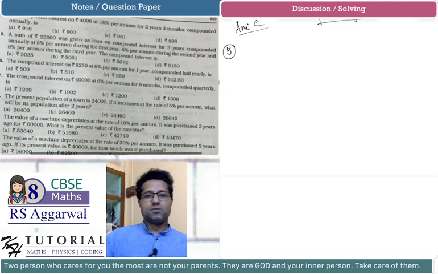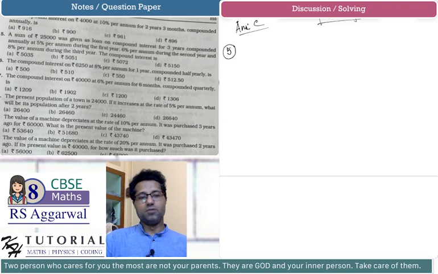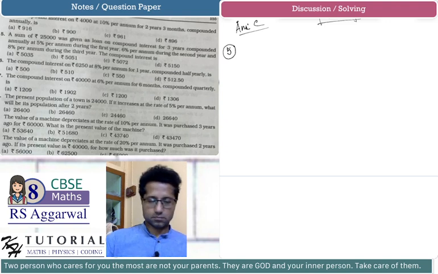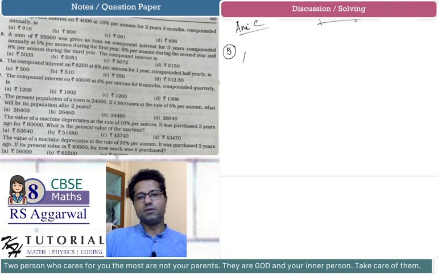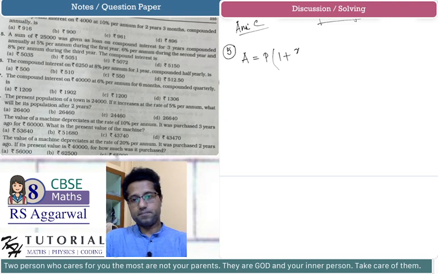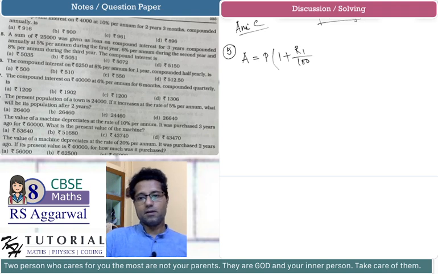okay, so the general formula for amount based on compound interest, where in the first year the rate is R1, is A equal to the principal P multiplied by 1 plus R1 by 100 multiplied by 1 plus R2 by 100 and multiplied by 1 plus R3 by 100.